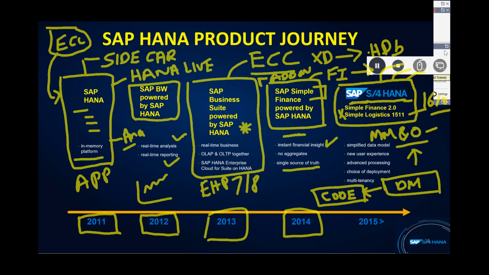It enhanced the processes. What we take the advantage from ECC on top of HANA, we take all of the advantages of a HANA database. Because it's an in-memory database, all of the processes become fast on the HANA database.